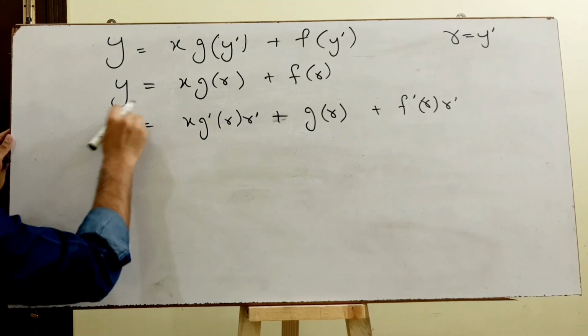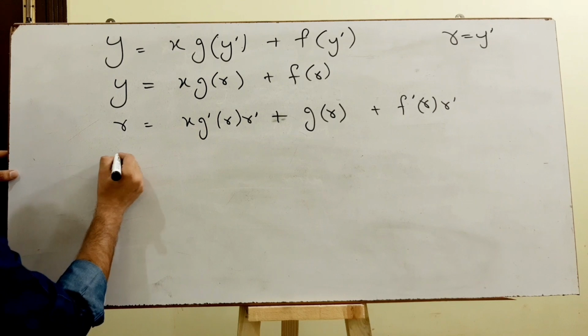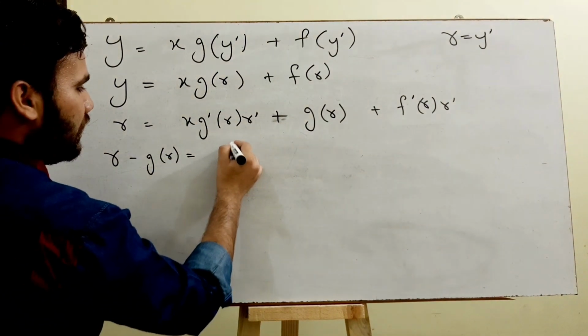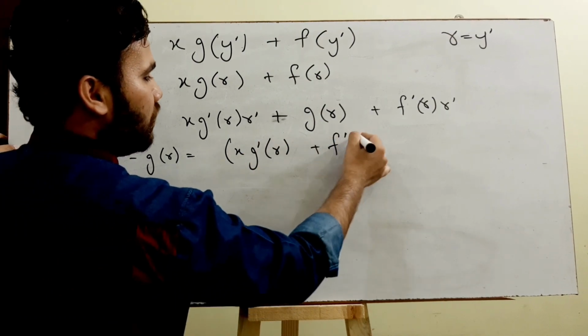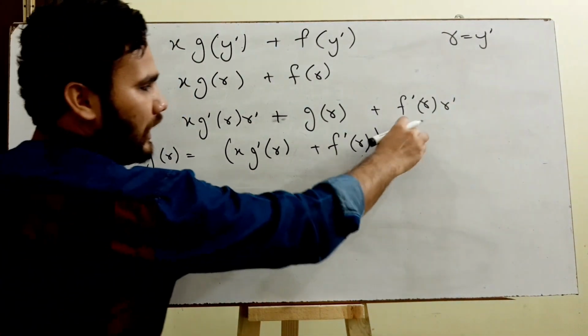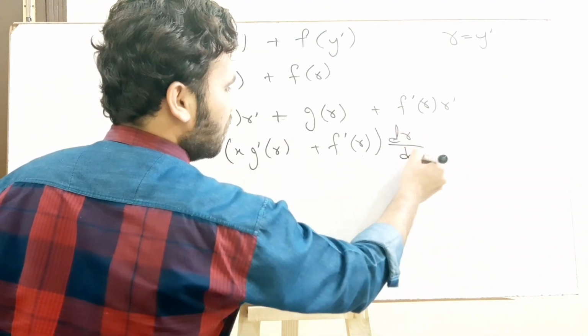So I can rewrite this y prime as r, or we can simplify: r minus g of r, and this will be x g prime of r plus f prime of r, whole r prime. Now this r prime means dr by dx.